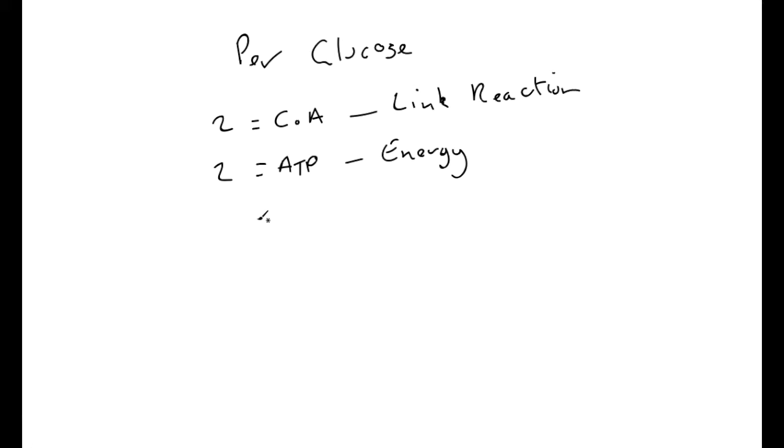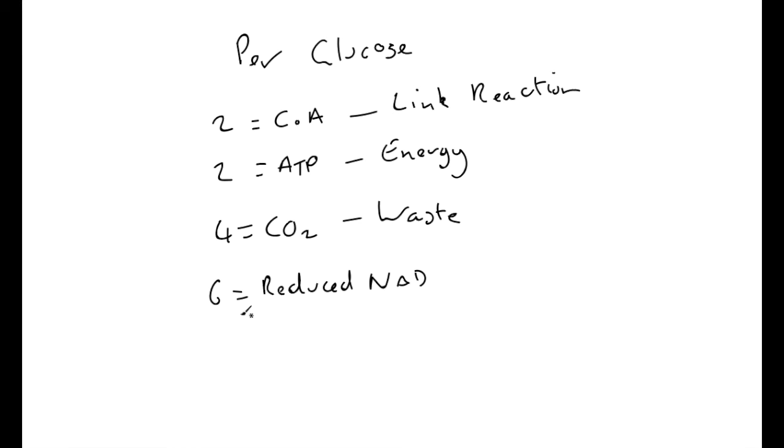You're going to produce 4 CO2 as waste. You're going to produce 6 reduced NAD, and that's going to go to oxidative phosphorylation, and you're going to produce 2 reduced FAD, and that's also going to go to oxidative phosphorylation.